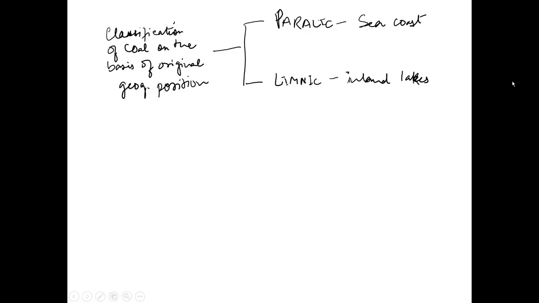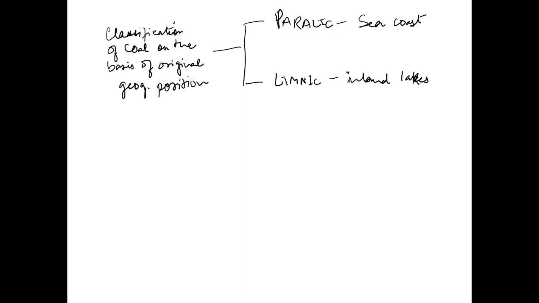Now, many of the paralic coal swamps originated on the distal margins of delta. The external distal margin of the delta is a very good place for the formation of thick coal seams.